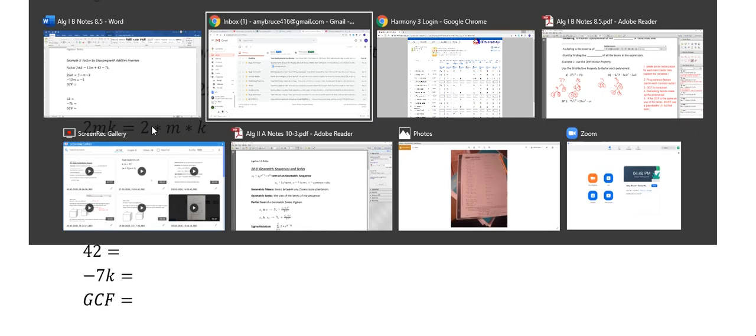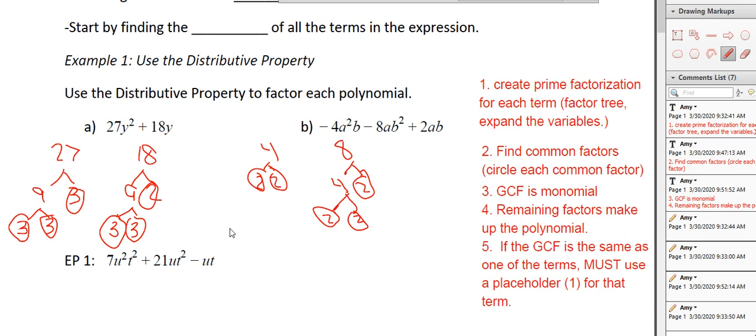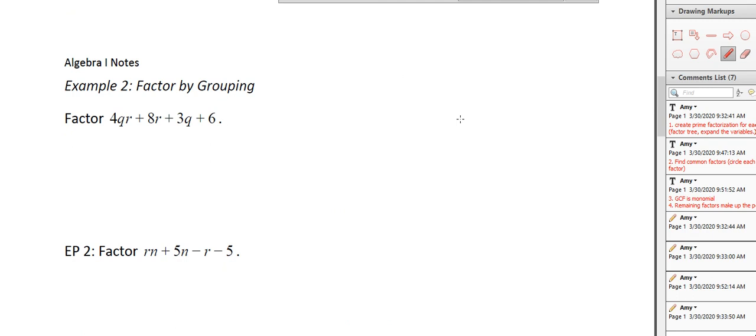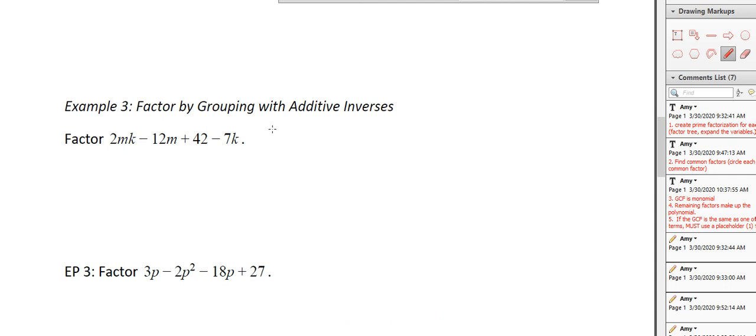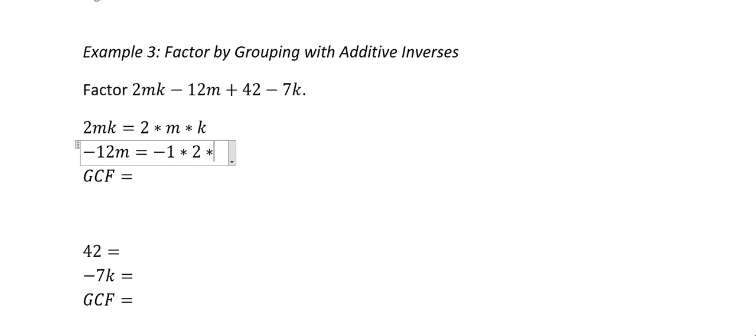So let's come into my PDF and slide down. Here we go. So if I have to make a factor tree, here's the problem. We'll do this for a couple of them. So 12 is 3 times 4, and 2 times 2. So we've got a 2, a 2, and a 3, and the negative 1. So negative 1 times 2 times 2 times 3, and for variables, I have an m. So what of these things are in common?